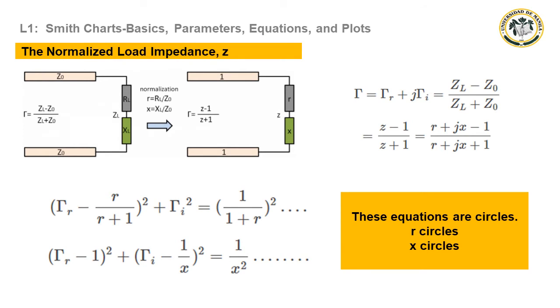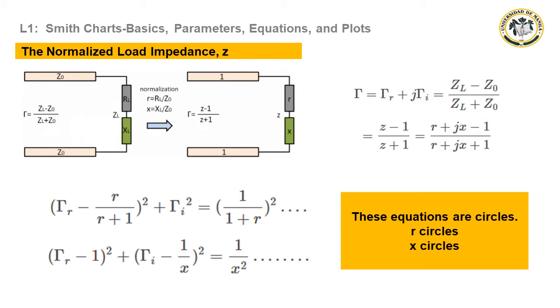So in this slide, we have normalized load impedance conversion and the derivation of two important equations. So we will start with our reflection coefficient gamma. It is equal to its real part plus j and its imaginary part.